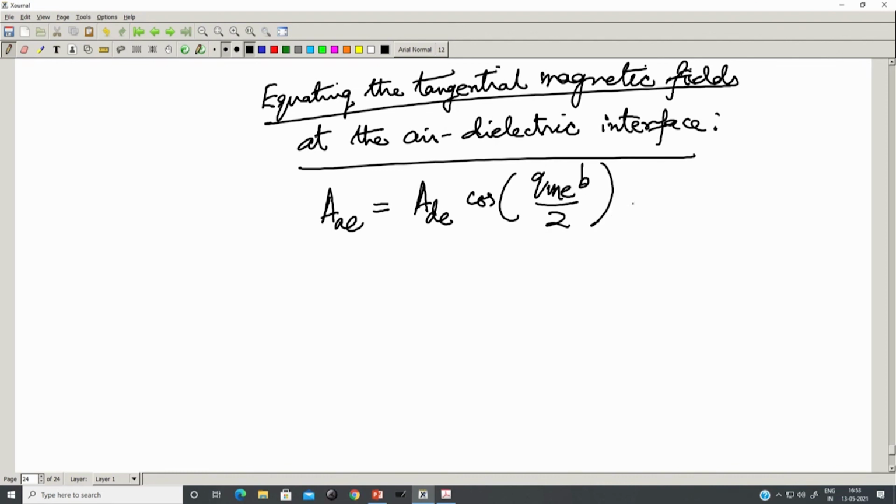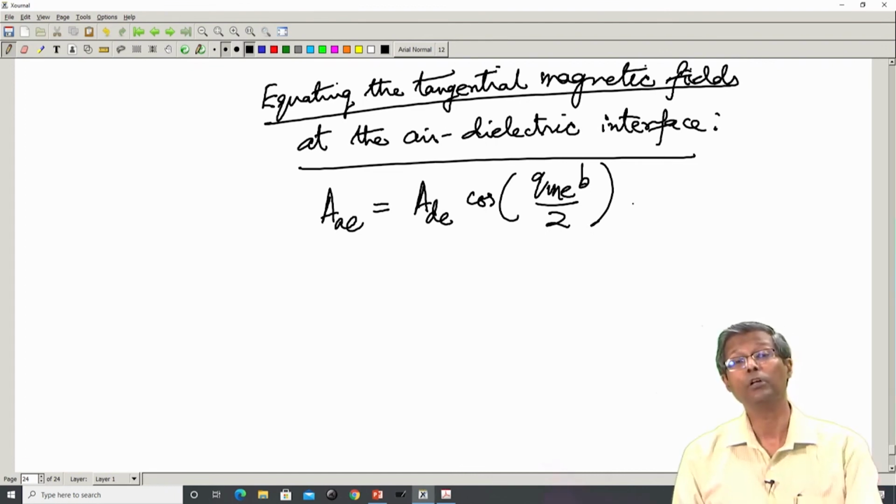Okay. So, let us stop here for now. We will continue with the field expressions for the other modes.